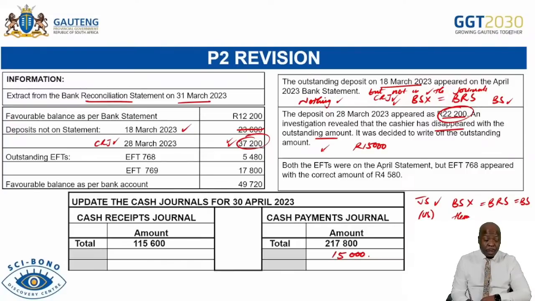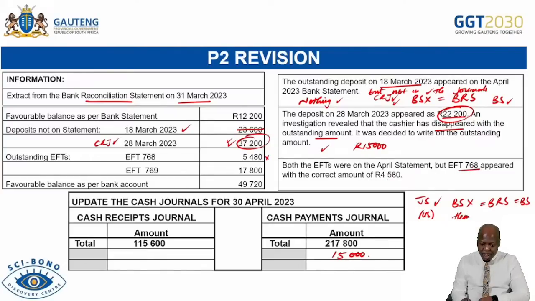Can I move on to the third one? Let's do that. We are told both the EFTs were on the April statement, but EFT 768 appeared with the correct amount.